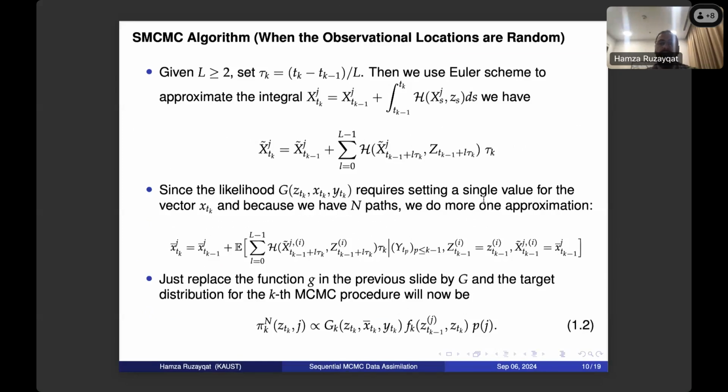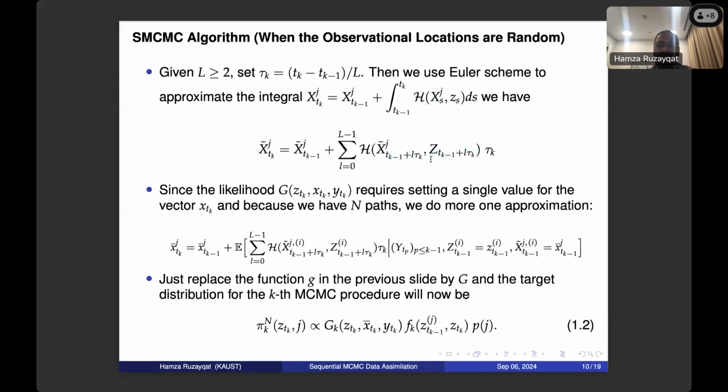Now, as I said before, the algorithm was designed for when the observation locations are unknown or random. We assume that each observer location is a function of z, the hidden state. So we can approximate this integral by using Euler's scheme.